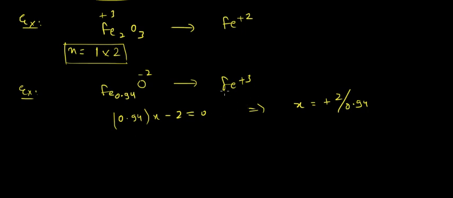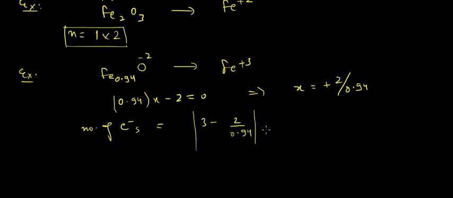So this is going to Fe+3 state. So the number of electrons gained or lost would be 3 minus 2 upon 0.94.